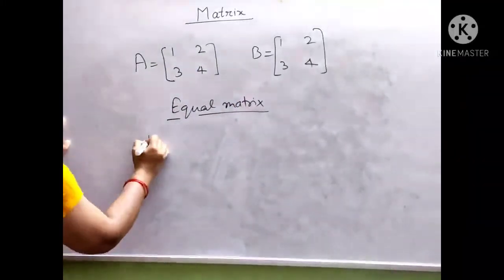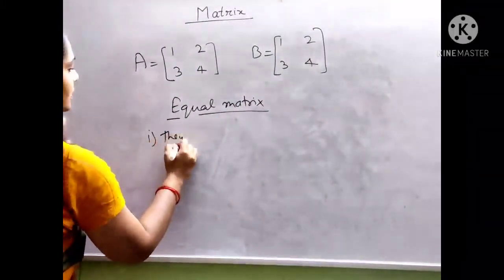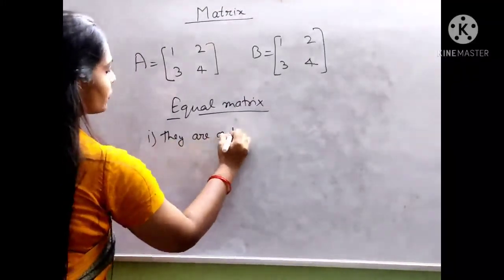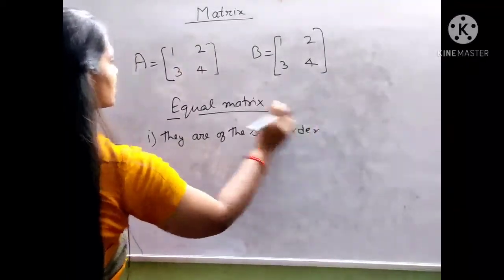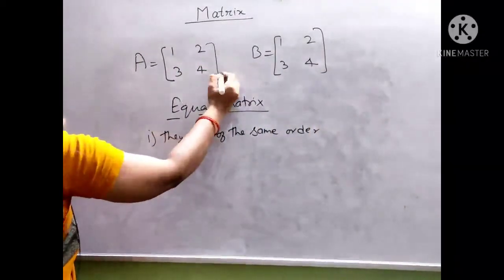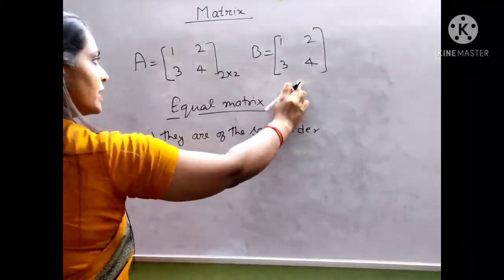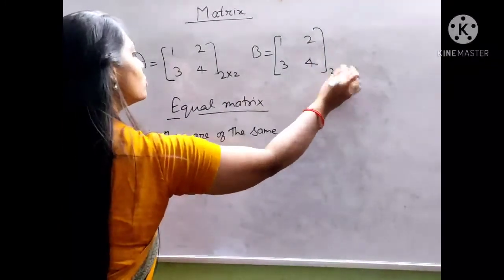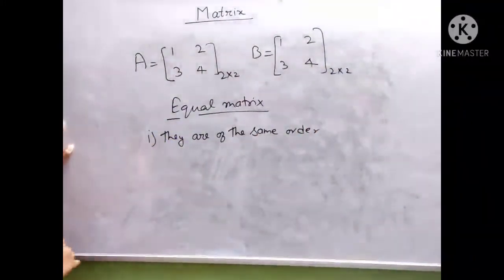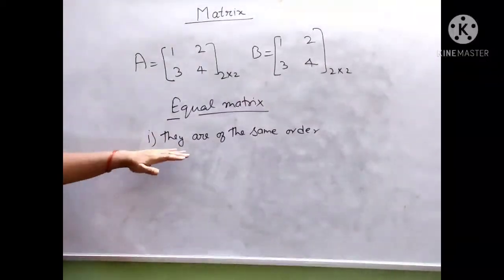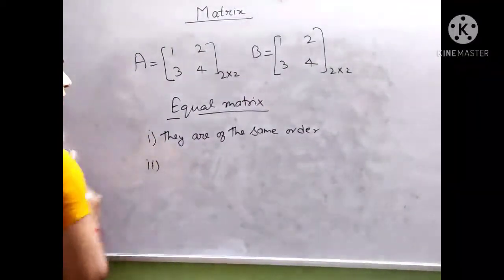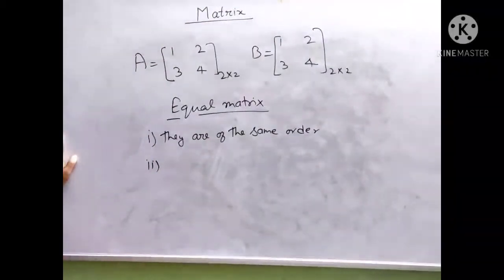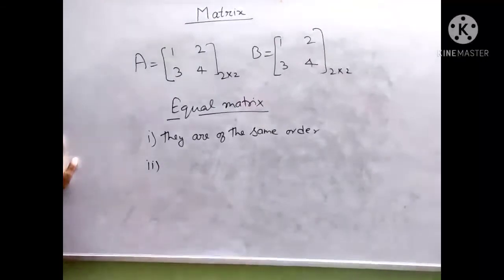First, they are of the same order. The order of this matrix is 2 rows and 2 columns, 2 by 2. Here again 2 rows and 2 columns. So the first condition is fulfilled.